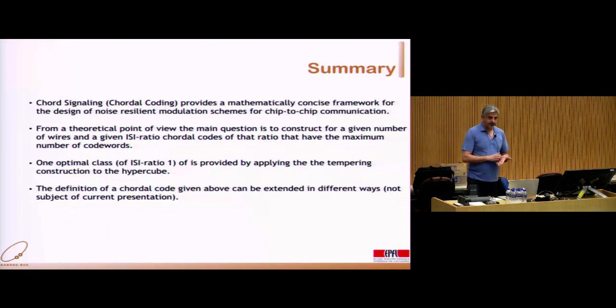And if you look at ISI ratio 1, there is an optimal class. And the optimal class is really the hypercube. Now, the definition of these chordal codes, I didn't give you the full definition because that's more complicated. But you can extend it in various ways in order to gain maybe a little bit more out of that.